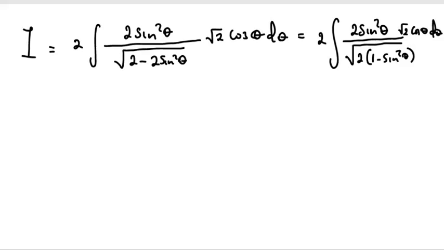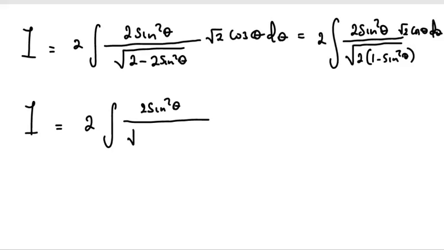So now I is equal to 2 times the integral of 2 sine squared of theta, divided by the square root of 2 multiplied by the square root of 1 minus sine squared of theta, times root 2 cosine of theta d theta.